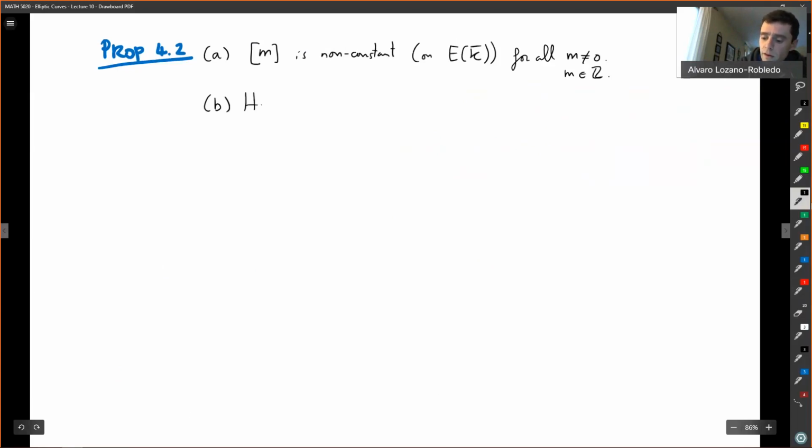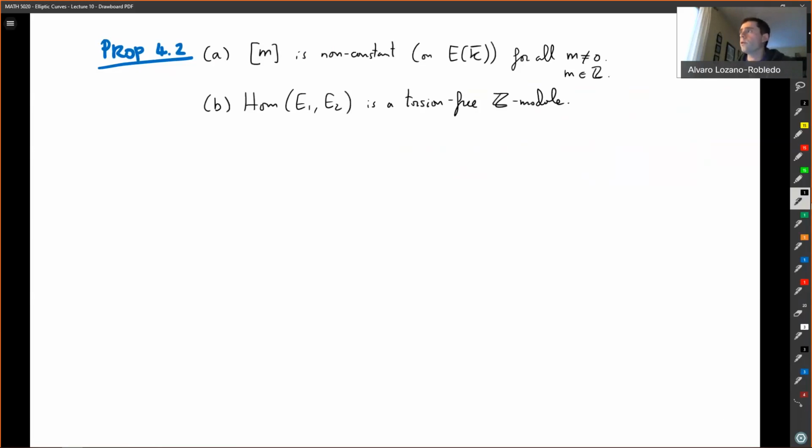B: The Hom from E1 to E2 is actually a torsion-free Z-module. So we are going to show that there is no torsion.